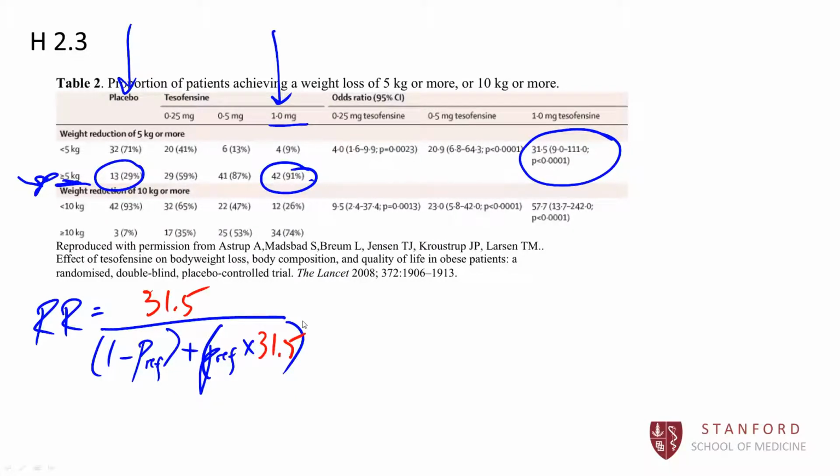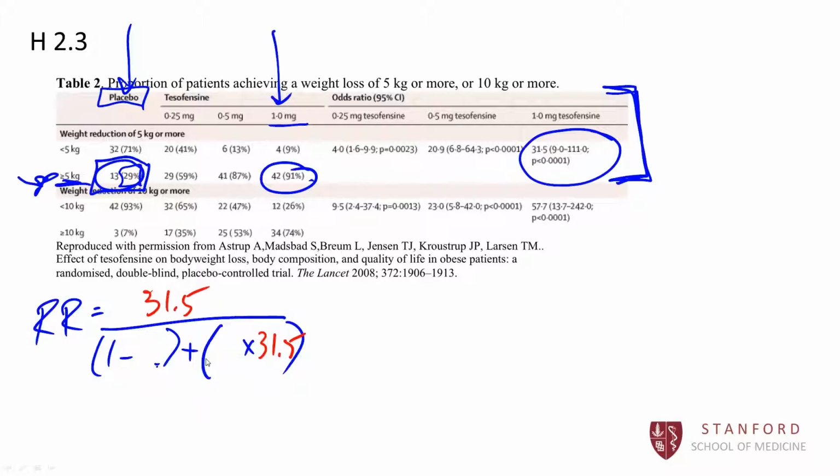Then we have this probability in the reference group variable, and that's actually just going to be 29%. It's the same thing, we're still looking at this category of data. The reference group is the placebo group, and the probability is represented by this percentage.